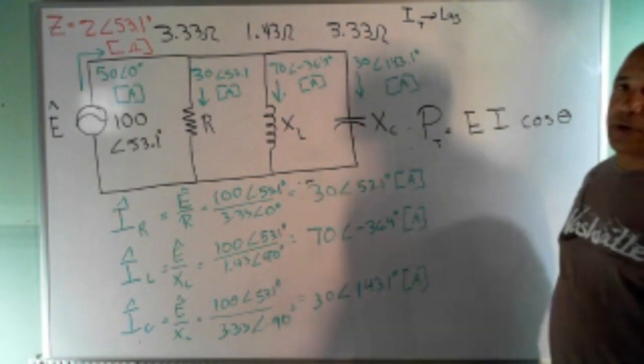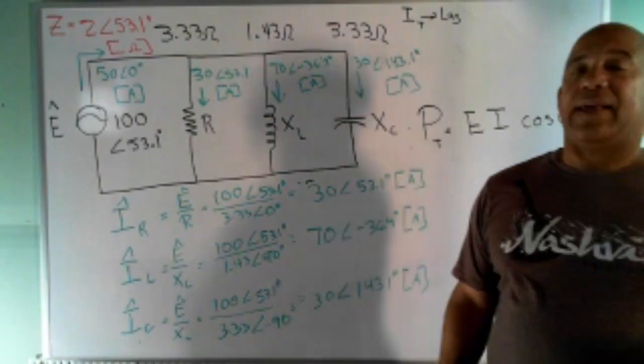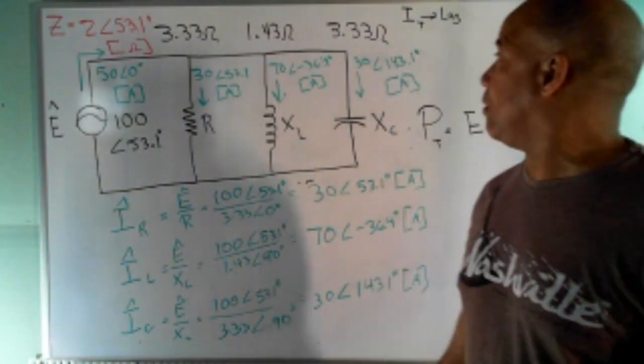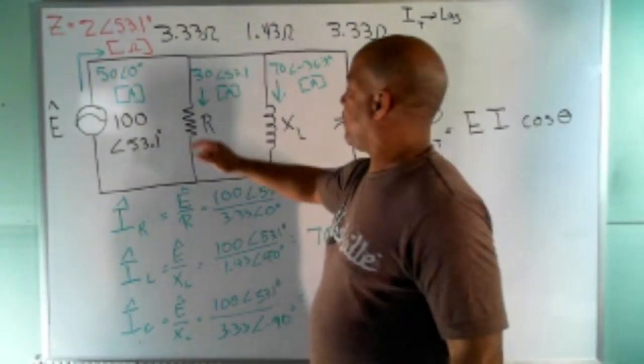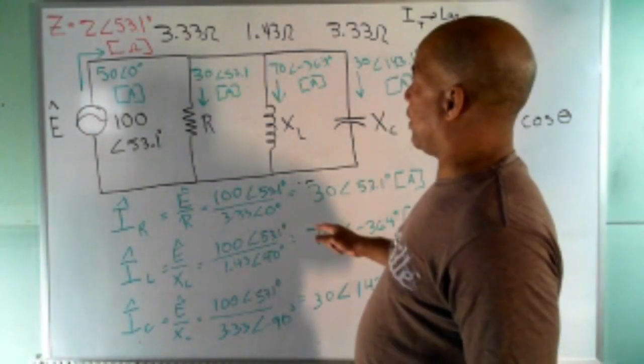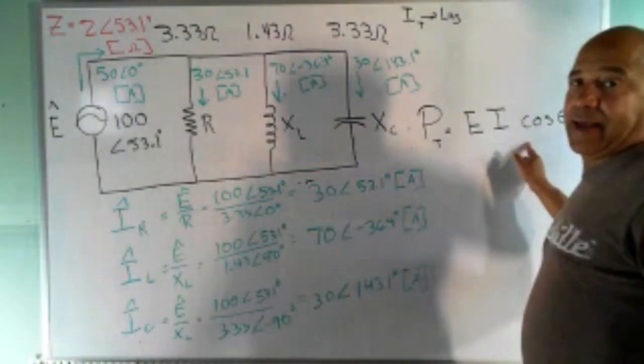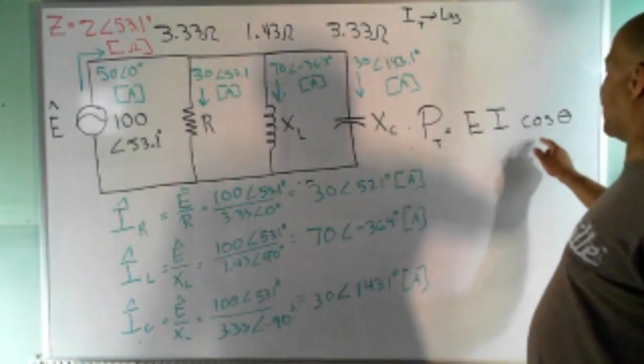I also talked about the cosine being an even function. Even though we know the angle between the two is 53 degrees, if I put a negative 53 in there, I'll still get the right answer because that's an even function.